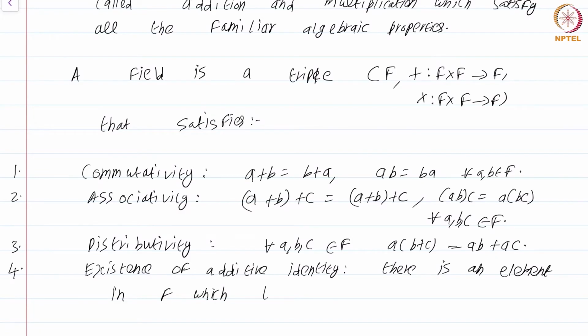Note, this is not the same as the 0 that you are familiar with from natural numbers, integers, rationals, and so on. This is an abstract set which has elements that could look entirely different. This particular element we are denoting as 0 for our psychological comfort and for the reason that it should visually reveal something about it. What it reveals is, for all a in F, a plus 0 is a, which is equal to 0 plus a.